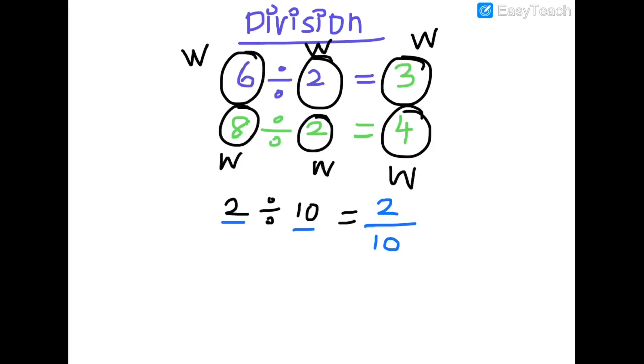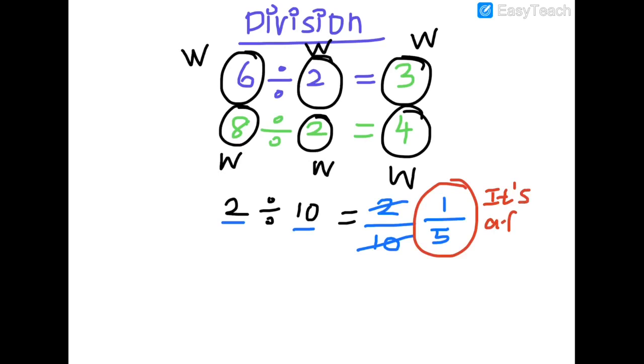How can we divide this? 1 two is 2, and 5 twos are 10. So it is 1 by 5. What kind of number is 1 by 5? Is 1 by 5 a whole number? No, it is a fraction.